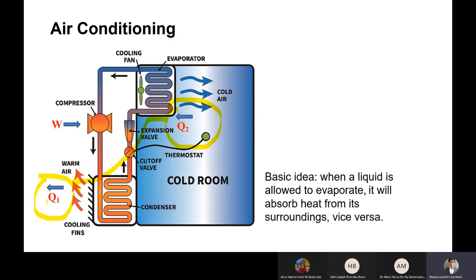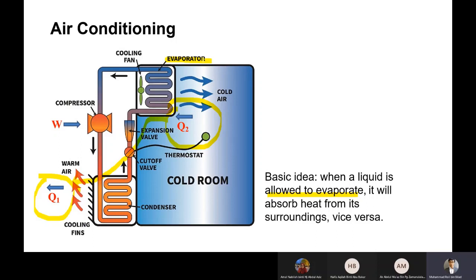The basic idea is when we evaporate a liquid, as happens here in the evaporator, we need heat. That is how we take away heat from the room. We evaporate a liquid somewhere in your aircon box.